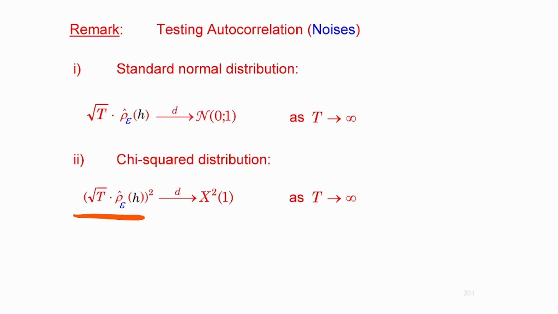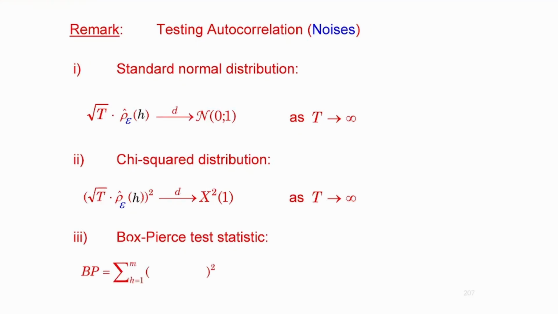Okay, so when you take those and sum them up with respect to h until, let's say, m, then you could jointly test the autocorrelation. That would generate some sort of F-test, but you can use the chi-square distribution for that. The sum of these chi-square distributed random variables would generate also a chi-square distribution.